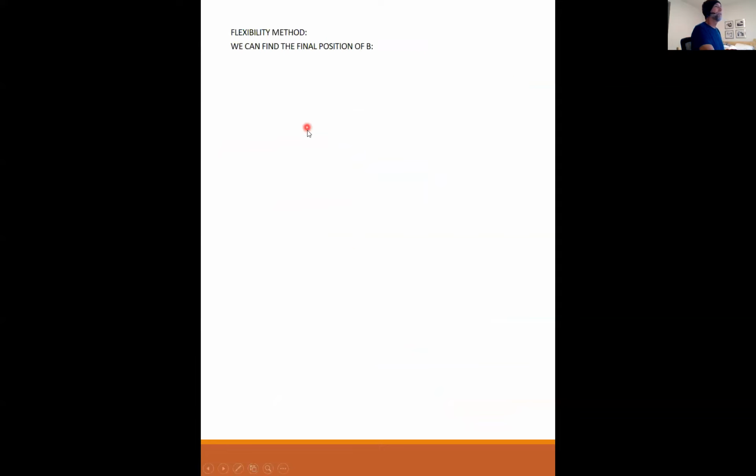Now, the last part of this is we can find the final position of B. Node B is getting moved around a little bit because this section is in compression, this section is in tension. So this is going to stretch a little bit, and this is going to compress a little bit. How do I figure out where this is? Well, again, delta B is PL over AE.